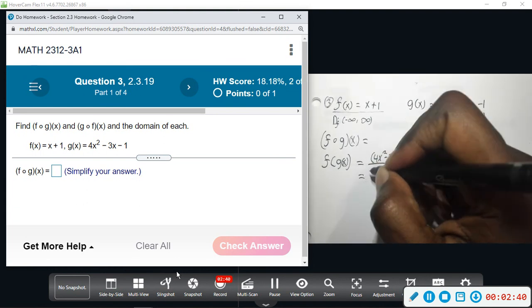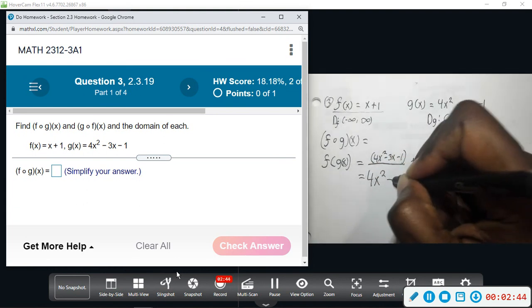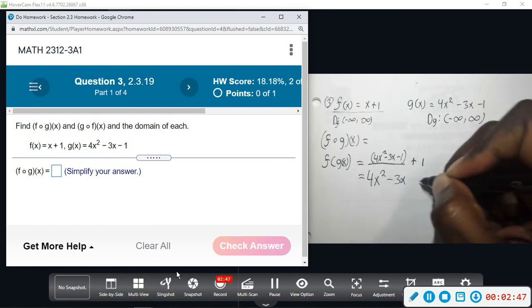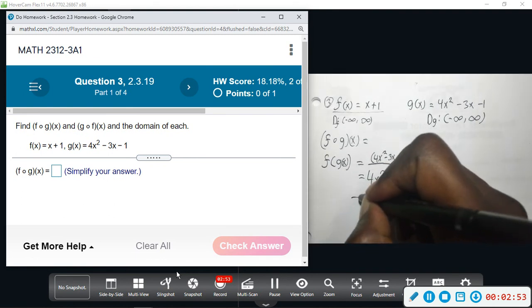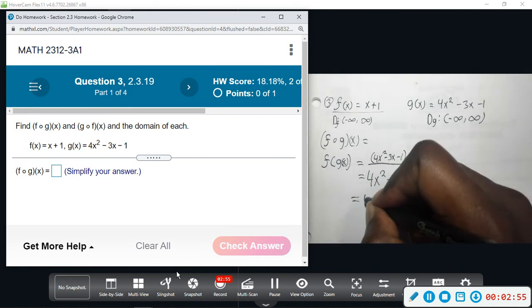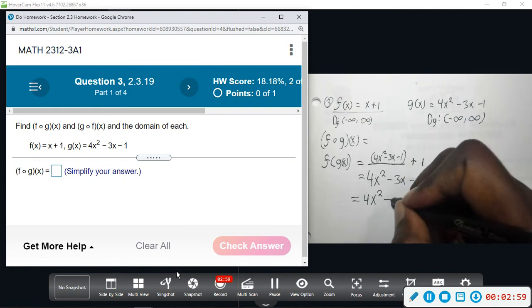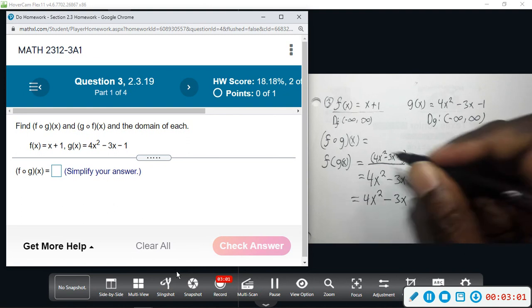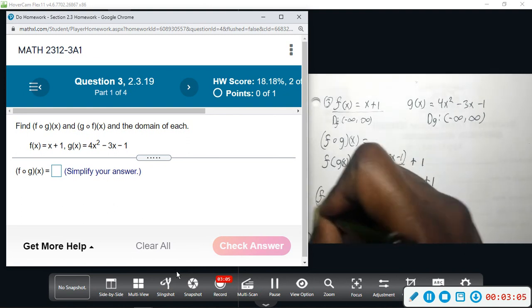So this is just equal to 4x squared minus 3x minus 1. Bring down the plus 1, and the minus 1 plus 1 will cancel. So we're just left with 4x squared minus 3x. So this is what f of g of x is equal to.